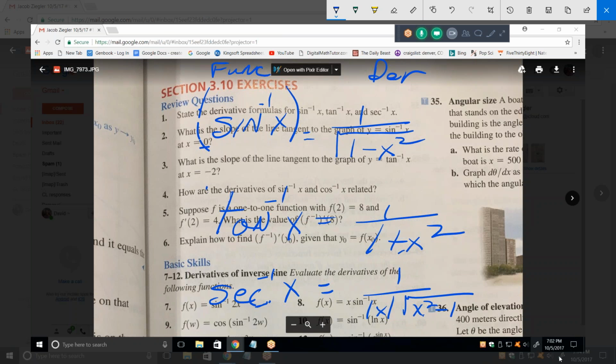Okay, so if we're going to take the derivative of the inverse sine of 2x, then we're going to use u substitution. U is going to be equal to 2x. If we change that to a u instead of an x, then that's the derivative of the outside, but we have to multiply it by the derivative of the inside.